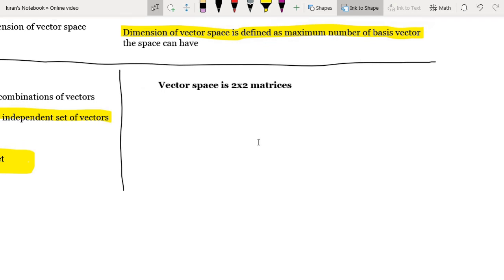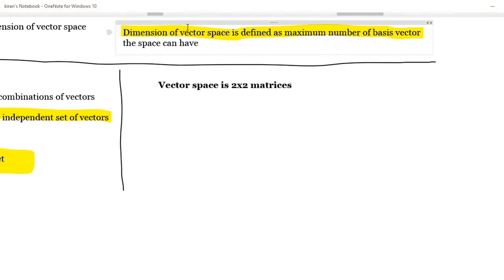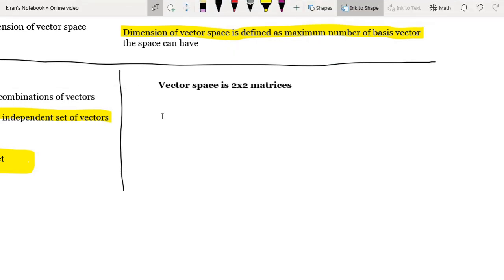Out of these, now suppose I choose some vector like this. Suppose I have a vector C1.